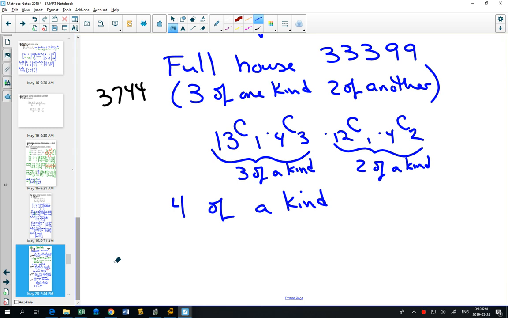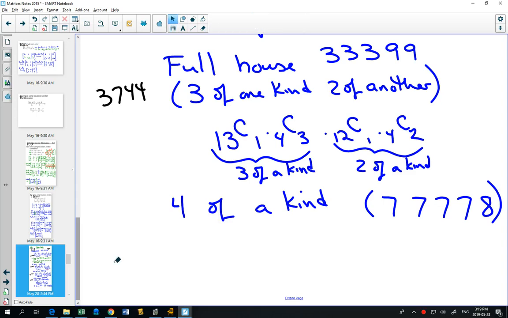Four of a kind, just slightly better than 5 of a kind. Okay, well, we'll just do two. 4 of a kind could be 4 7s and an 8. You choose which one is going to be your 4 of a kind.